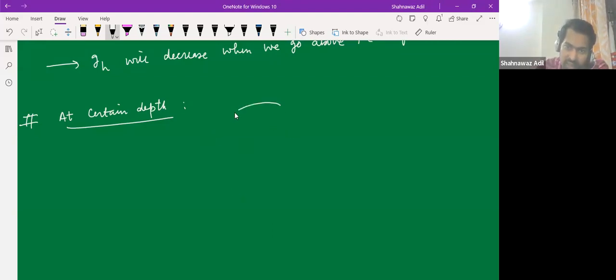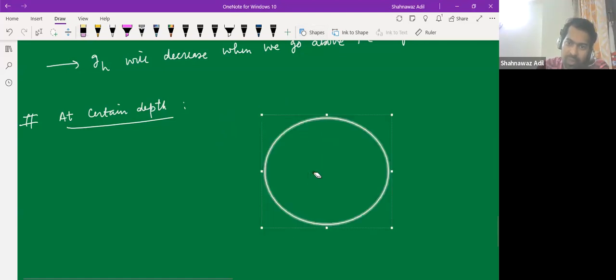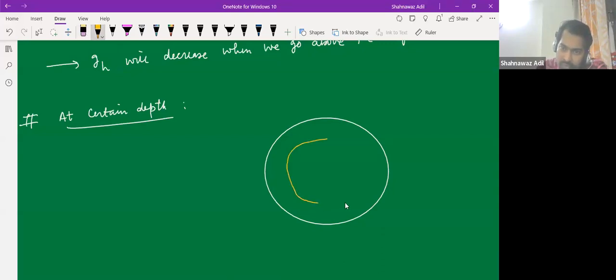So you have this Earth, a homogeneous Earth, and you are calculating at, let's say, this region. You are here. This is the M.